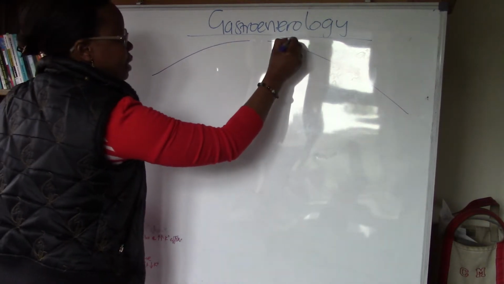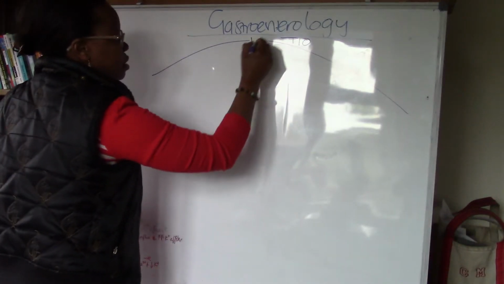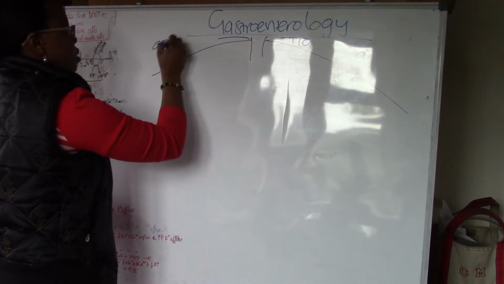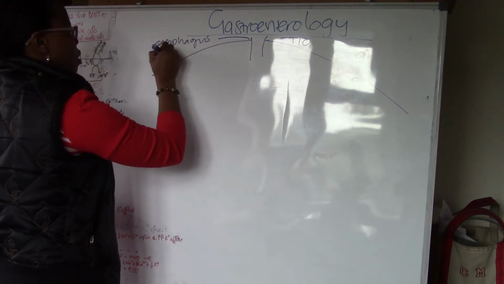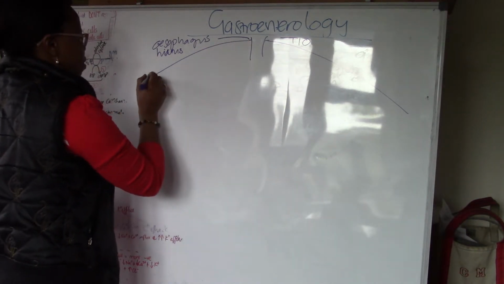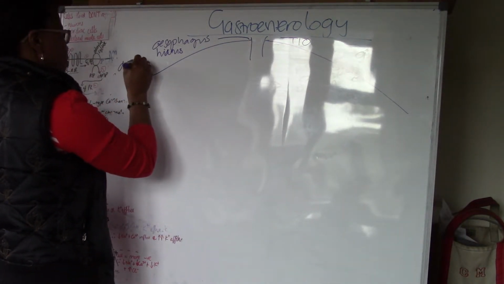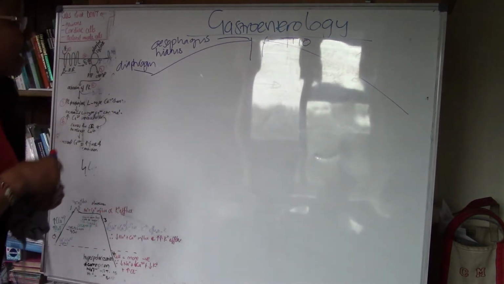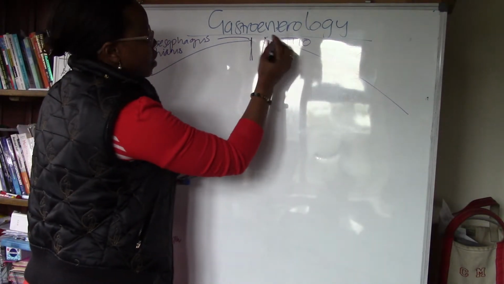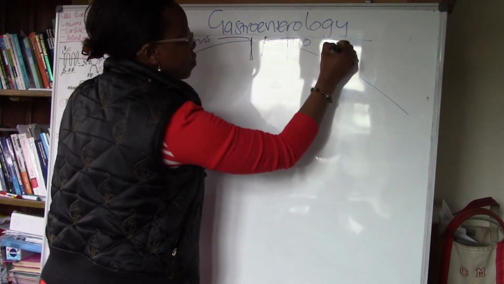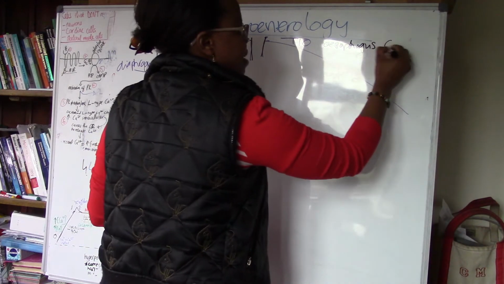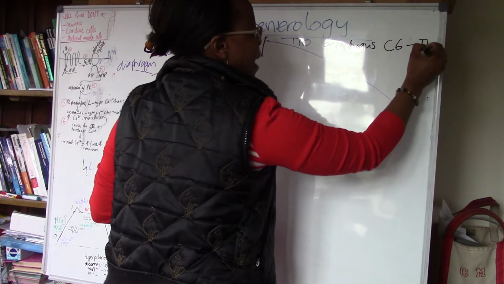At level T10, the esophagus enters the diaphragm at the esophageal hiatus, which is just an opening in the diaphragm. Let's remember, the esophagus runs from C6 to T10.